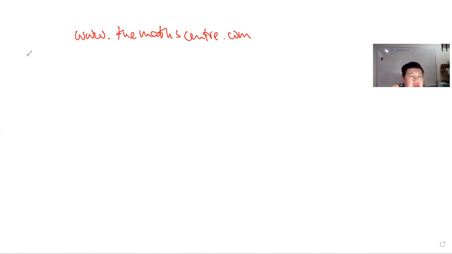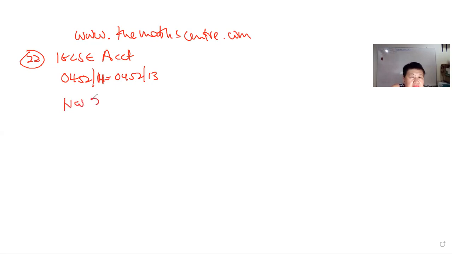So this is question number 22, a very short question for IGCSE Accounting. This is from code 0452, variant 11, which is the same as 045213. Both papers had the same question in two different variants. This is November 2020.